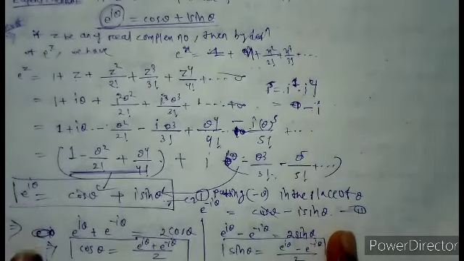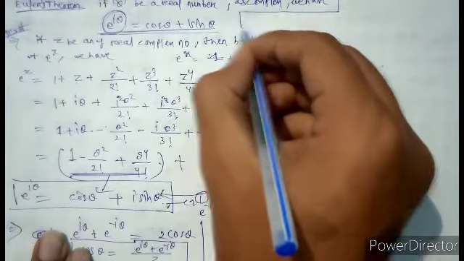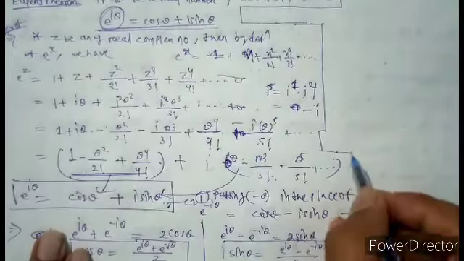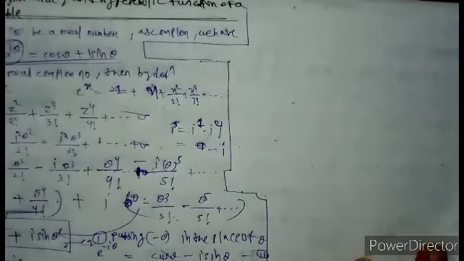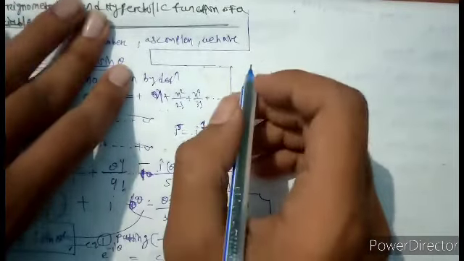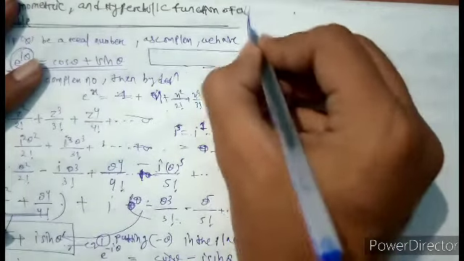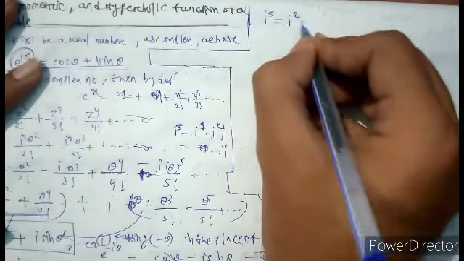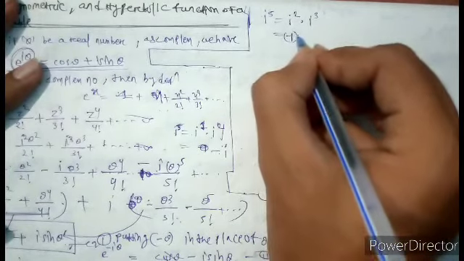Then for some problems we have to evaluate i to the power 5. Sometimes wrong concepts come to mind, so here we have to explain that i to the power 5 is equal to i square multiplied with i cube, and we know that i square is equal to minus 1.